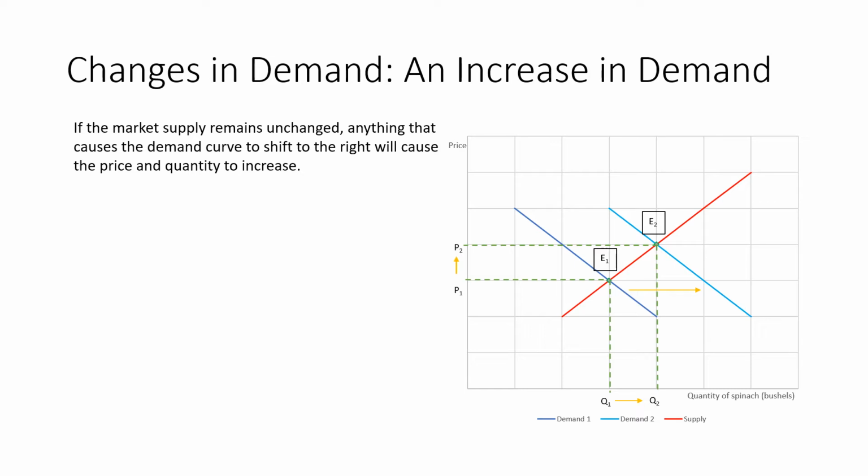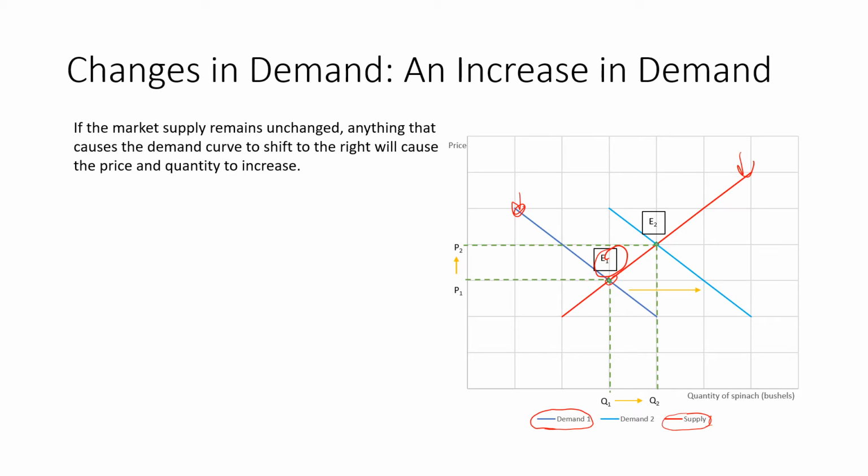The initial equilibrium, indicated by point E1 here, is determined by the intersection of the original demand curve, this blue one, called demand 1 in our legend, and our supply, this red line, indicated in our legend as supply. Really that should be supply 1, but since we're not going to draw a second supply curve, I've just labeled it supply.